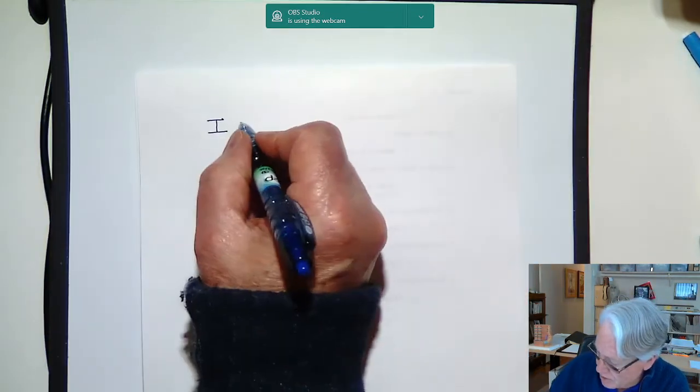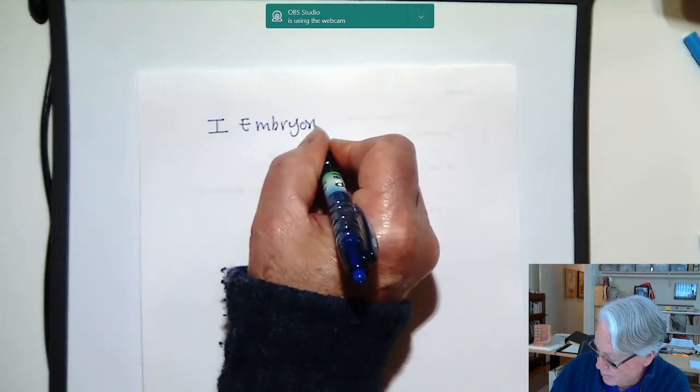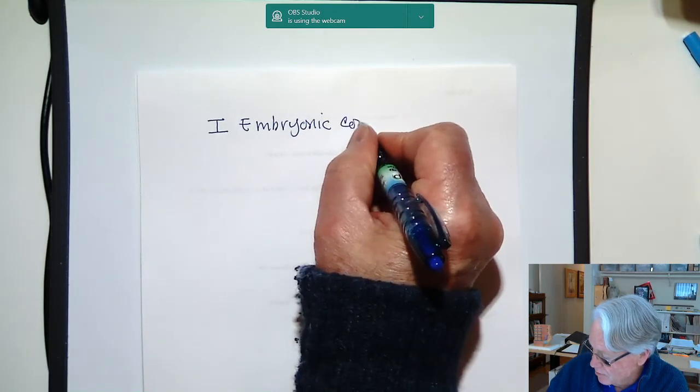So number 1 is going to be embryonic connective tissue.